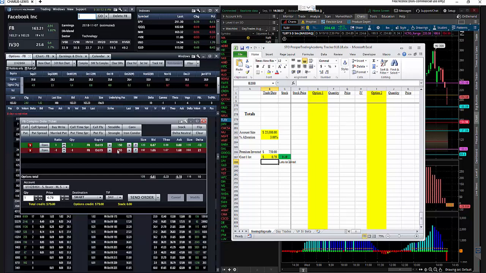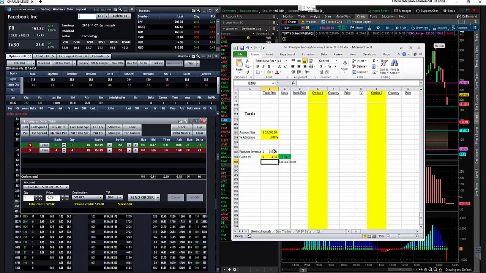Big difference. So for this one, the width of the spread is $5. Let's just say I take in 80 cents. So I am going to be risking $4.20 per. So I'm only going to be able to do, if I round up, a 2 lot. It'll be a little bit more than $750 of risk, but in the grand scheme of things, it's in the neighborhood of what we're trying to do here.